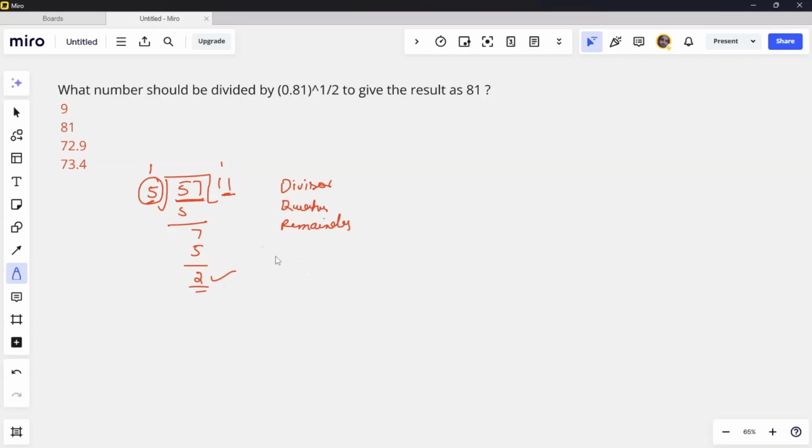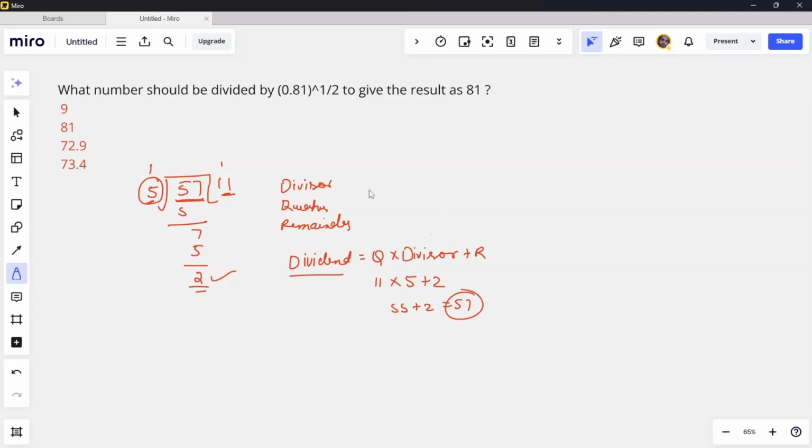Dividend will always be equal to quotient into divisor plus remainder. Our quotient is 11, our divisor is 5, our remainder is 2. So 11 fives are 55, plus 2, which equals 57. So we have got the dividend.